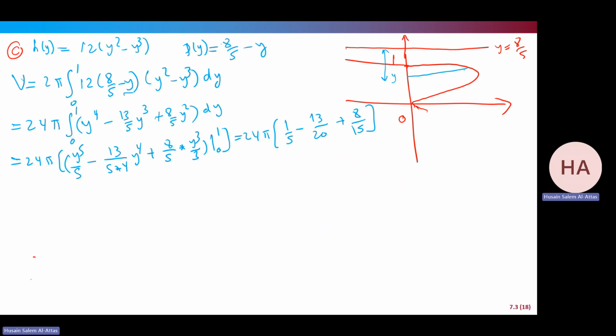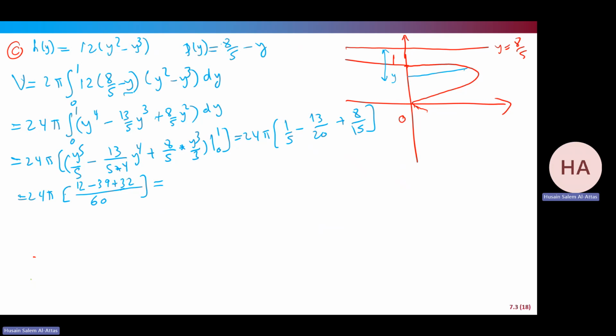Okay, so choose what as a common denominator? That's 3 times 5, this is 4 times 5, so 60 will do it. So I have 24π times over 60. 60 over 5, that will be 12. 60 over 20 times 13 will be minus 39. 60 over 15 is 4, so that will be plus 32.